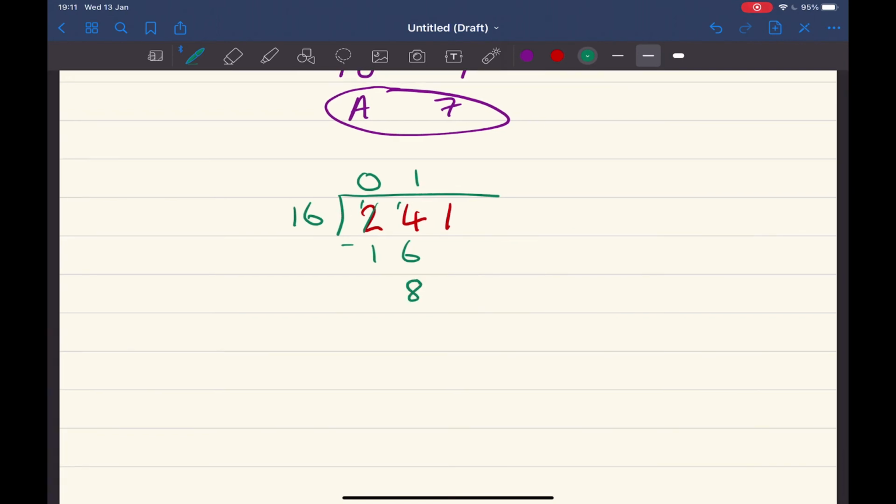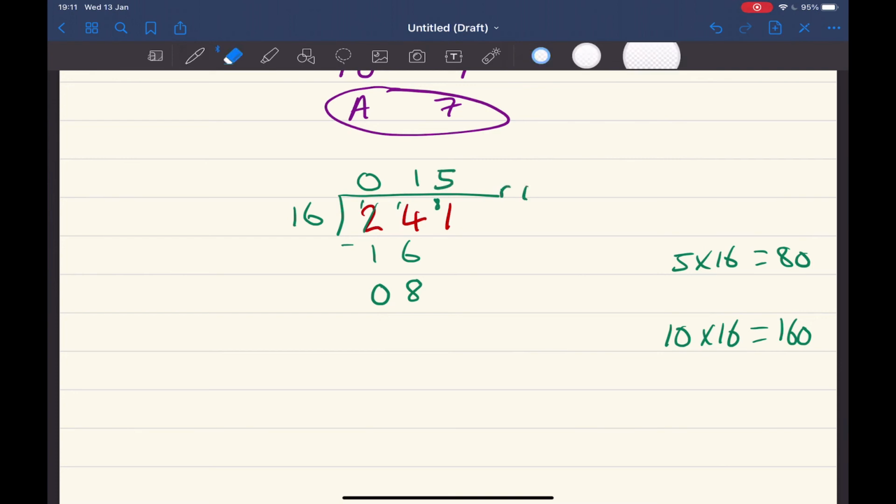So that becomes 8. 0, so we're going to carry the 8 over. So how many 16s go into 81? Well, 10 times 16 is 160. Therefore, 5 times 16 is half of that. So that's going to be 80. So we know that's going to be a 5 with a remainder 1.